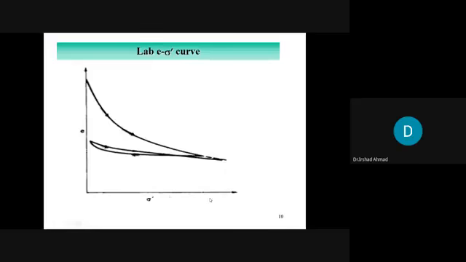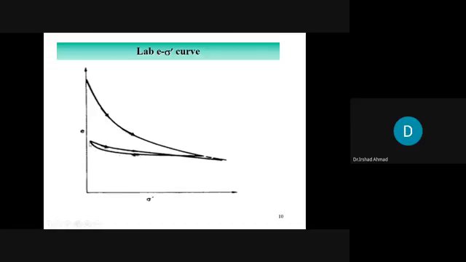On the x-axis you have effective stress, on the y-axis you have void ratio. And you see, as you increase the effective stress, the void ratio decreases. At this point, you decrease the effective stress, the load on the soil specimen, so there would be a swelling or rebound or expansion, right?